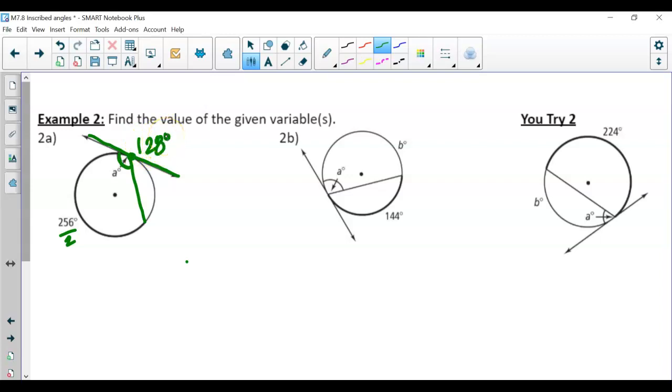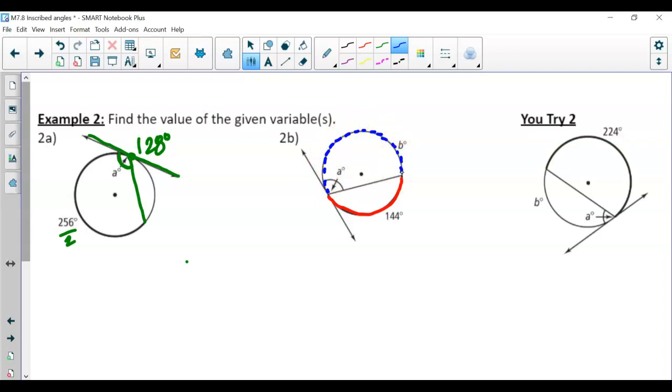Now, we do need to pay attention though, because now notice here we're looking for A and B. However, 144 degrees represents this arc over here. So what do we have to do to figure out the other arc? Subtract from 360.